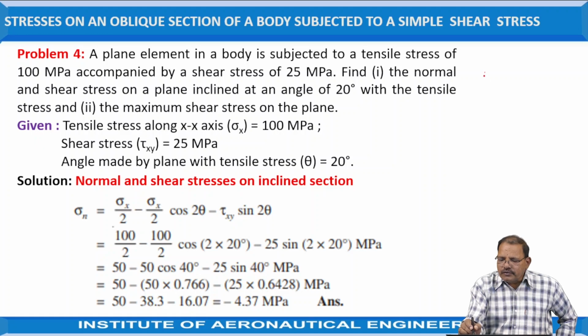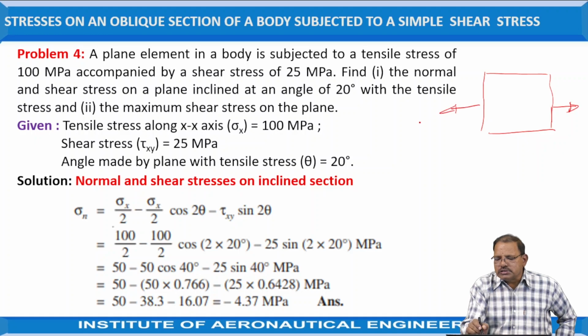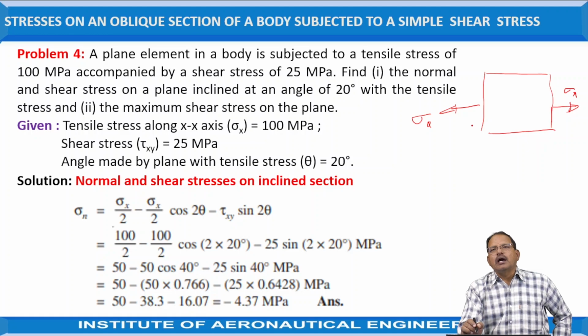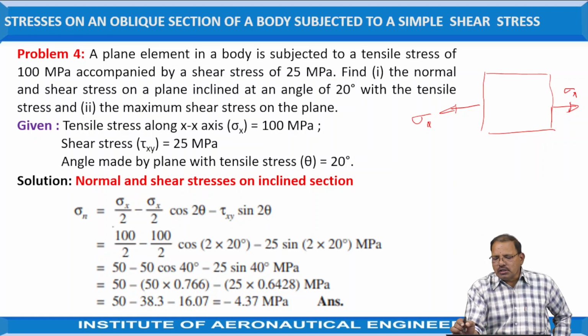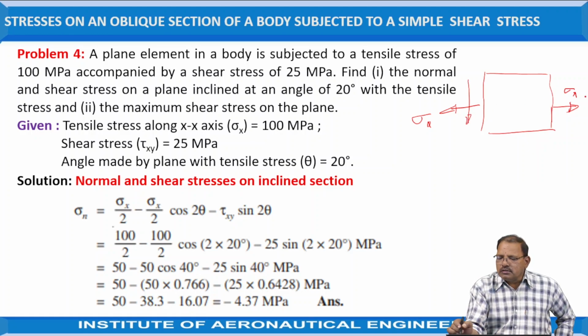That means here now, this is known as our object. It is a direct stress sigma x because we are taking the x direction now. It is accompanied by shear now. Shear here tends to rotate the body in a clockwise direction now. Here it is assumed just like this now.